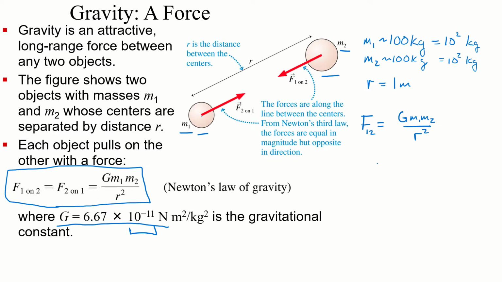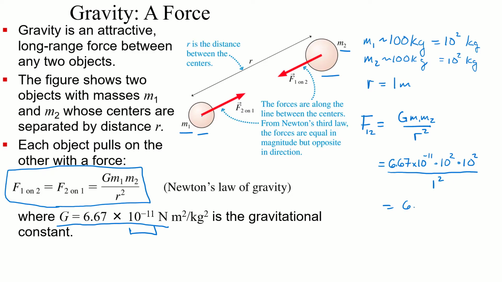Well, what is this going to be, right? Now, we don't even have to keep the details if we were looking for an order of magnitude. But let's keep the details, might as well. 6.7 times 10 to the minus 11 is the gravitational constant, times 10 to the 2 for the mass of the first one, times 10 to the 2 for the mass of the second one, all divided by 1 squared. 10 to the 2 times 10 to the 2 is 10 to the 4.